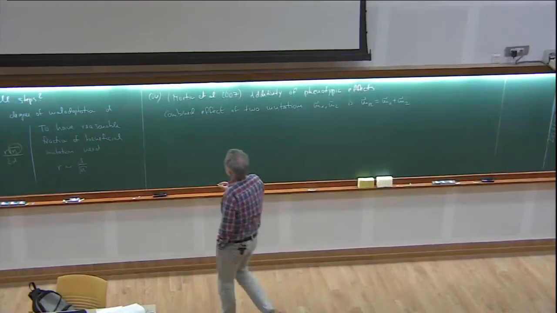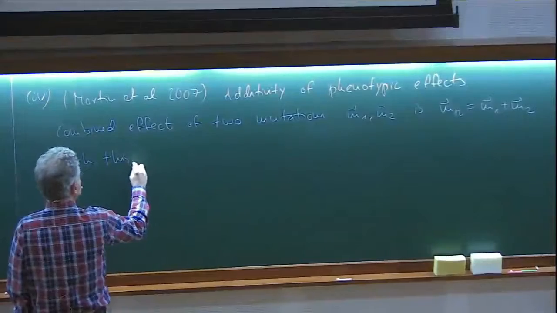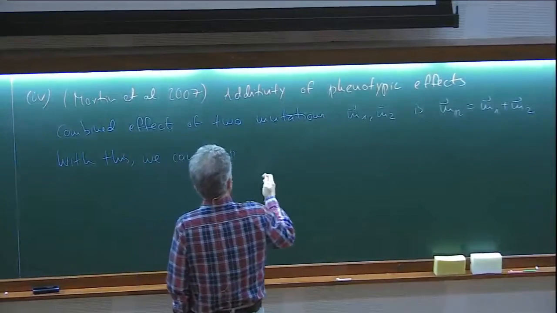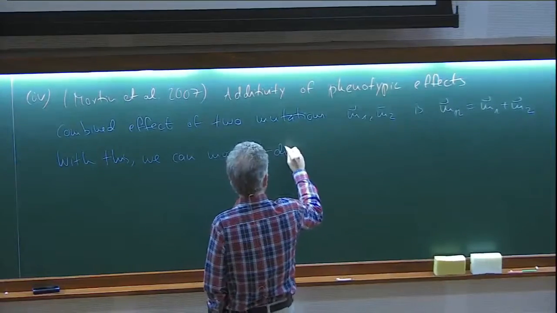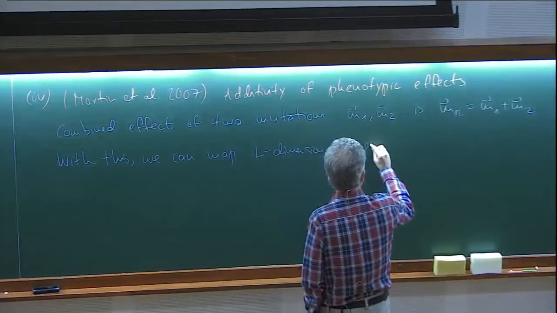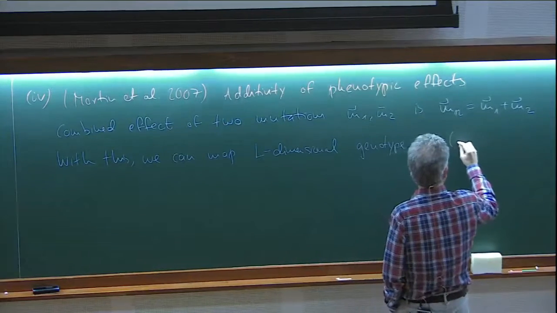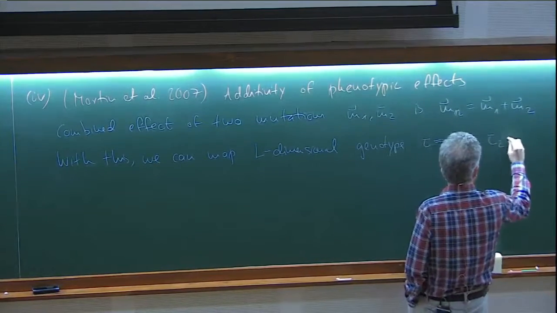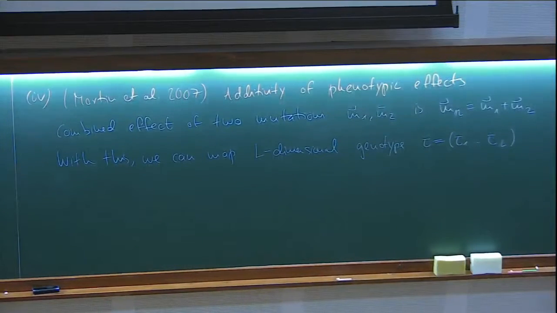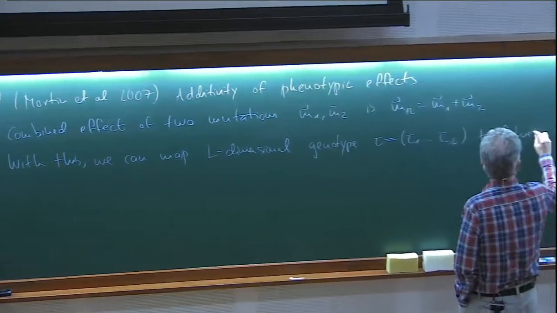So with this, we can directly map the L-dimensional genotype, which is a sequence of zeros and ones indicating whether a certain mutation is present or not, to fitness in the following way.